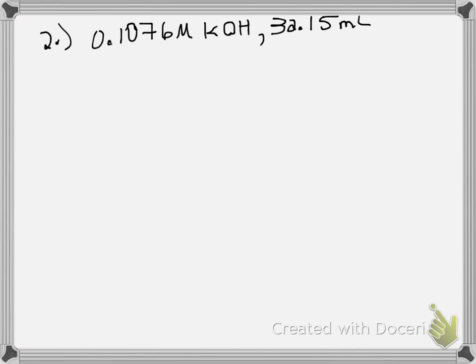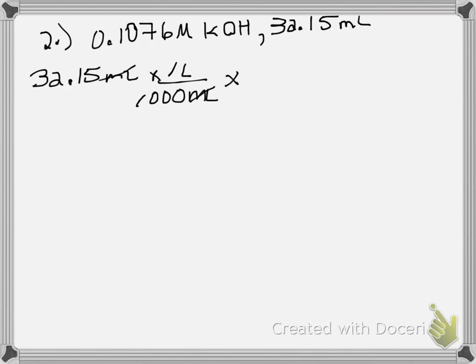I have a concentration and a volume. I know that molarity is in liters, so I'm going to convert to liters first from milliliters. Okay, and then I know that molarity really means moles per liter, so I can multiply and cancel the liters.